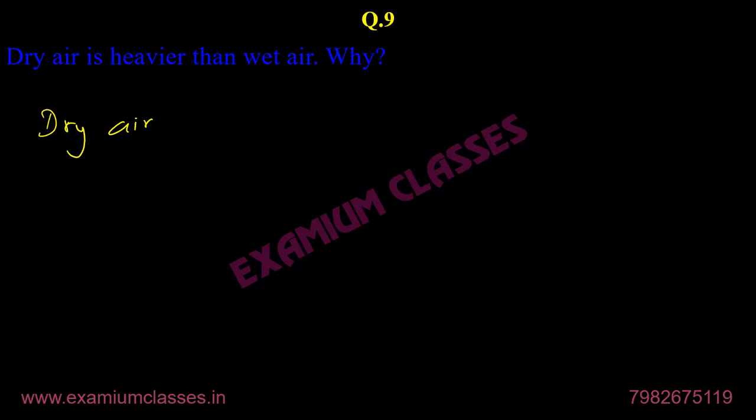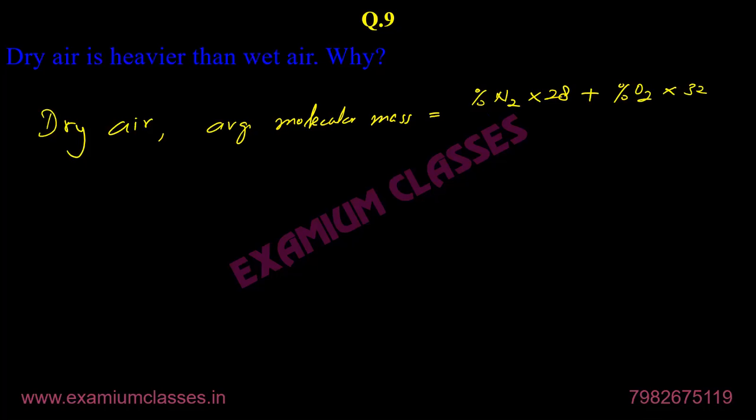The average molecular mass will be mainly due to nitrogen and oxygen. So whatever is the percentage of nitrogen multiplied by 28 plus whatever is the percentage of oxygen multiplied by 32, divided by 100.